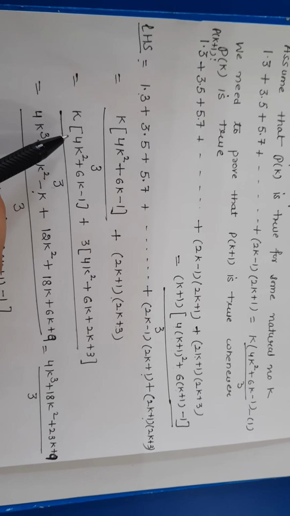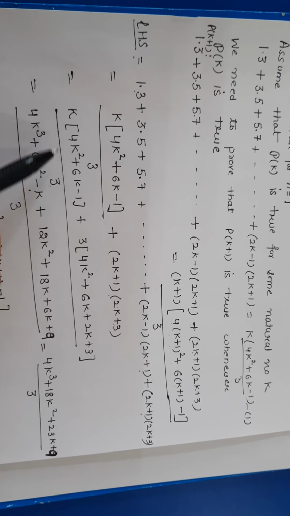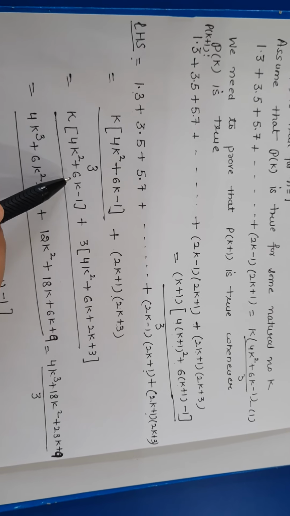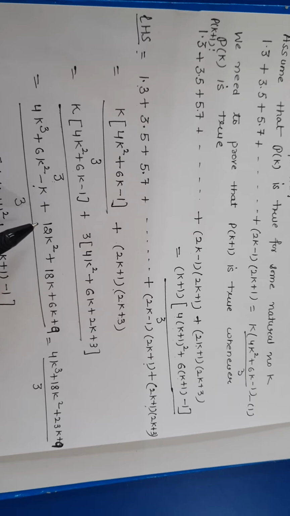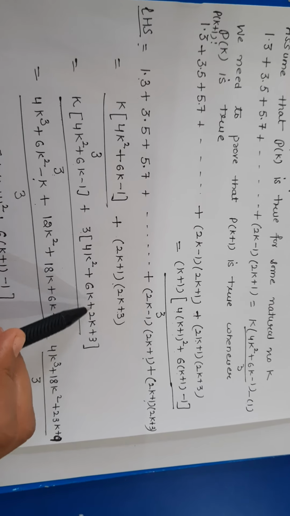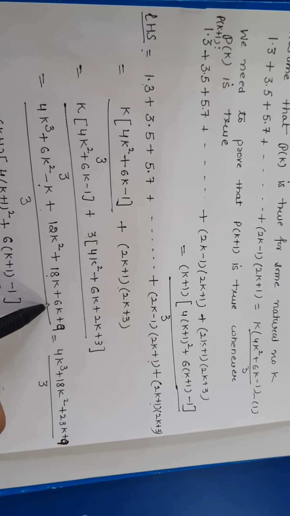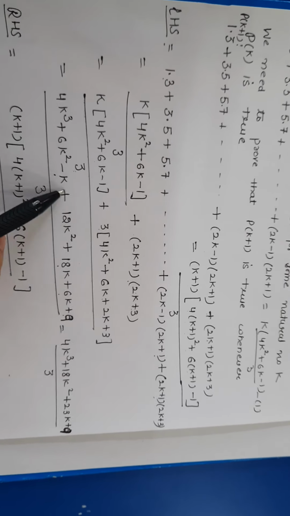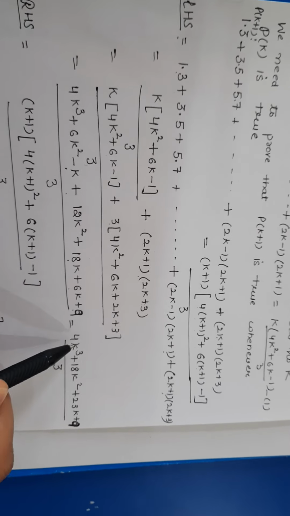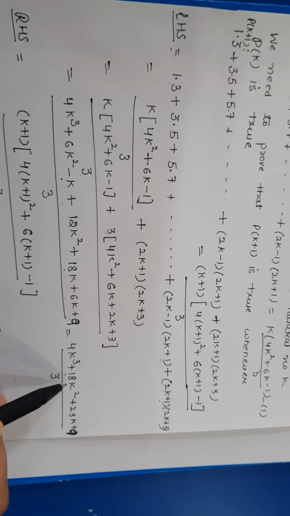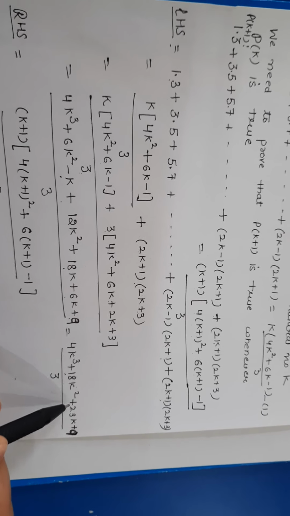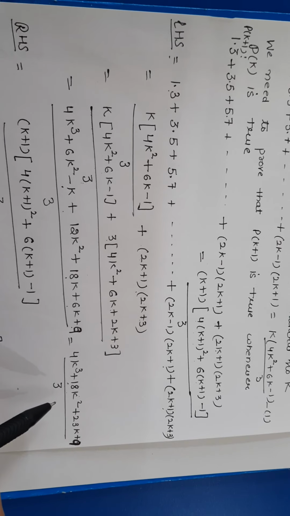So that means we'll have k into this: 4k cube plus 6k square minus k, plus, multiply this bracket with 3, you will have 12k square plus 18k plus 6k plus 9. If you simplify this, you'll get 4k cube plus 18k square plus 23k plus 9 divided by 3.